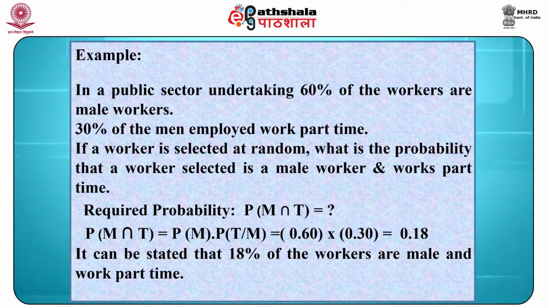So, the probability of M intersection T is equal to the probability of M into the probability of T divided by M, which is equal to 0.60 into 0.30, which is equal to 0.18. So, it can be stated that 18% of the workers are male and they work part-time.